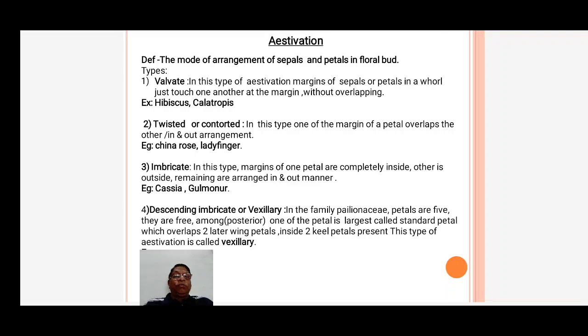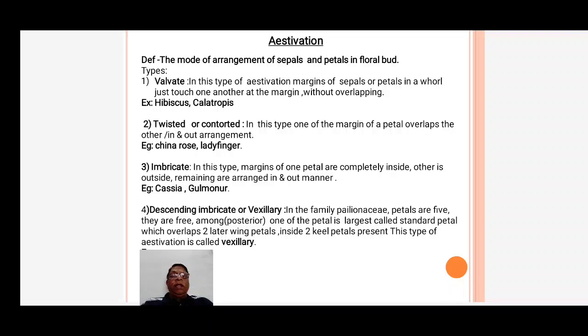See the diagrams of various types. Valvate diagram is there, twisted diagram is there, imbricate and descending imbricate. Okay, now let us discuss the types of estivation.